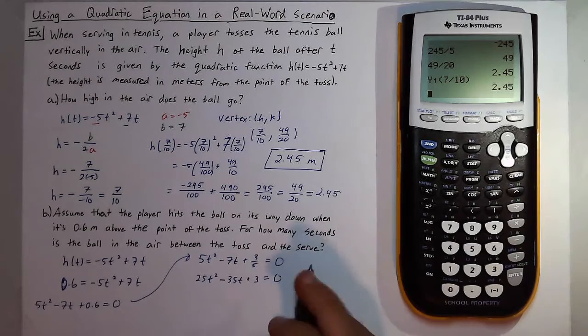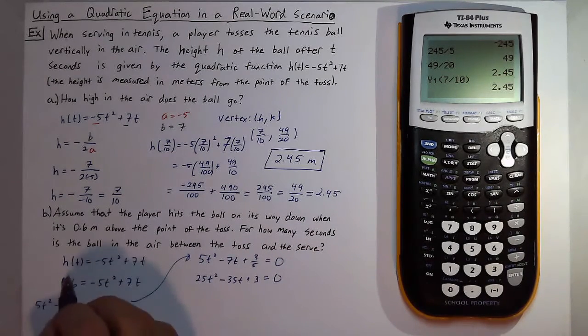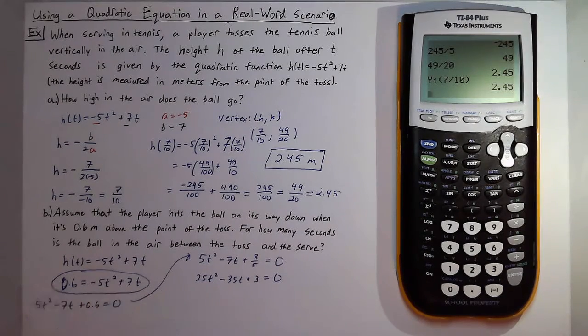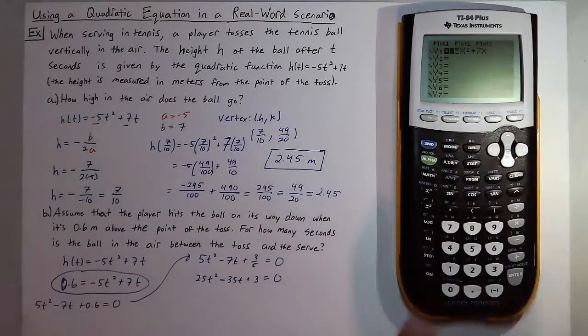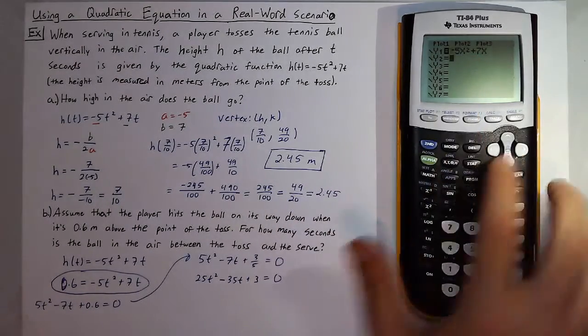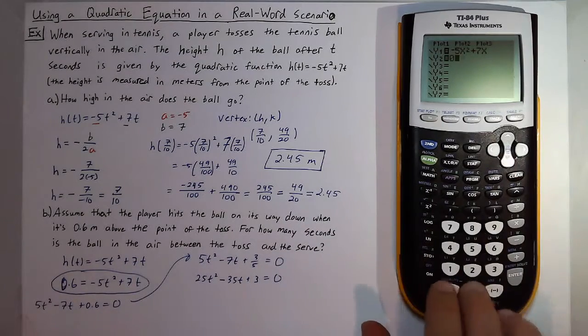So what I'm going to do instead is show you another trick that you can use on the calculator to figure out the height, and it actually involves this expression here. I already showed you how to do it when it's equal to 0, but let me show you what it looks like from this point right here. If I go to y equals, I'll keep my expression in y1, but in y2 I'm going to put what it's equal to, 0.6.